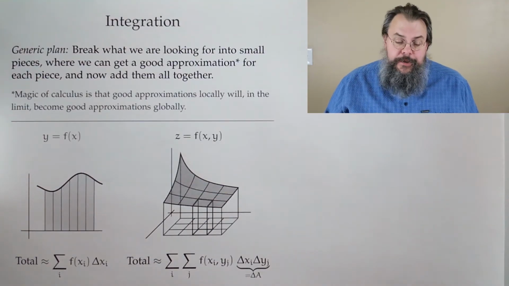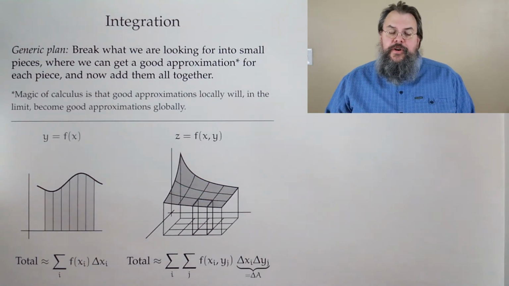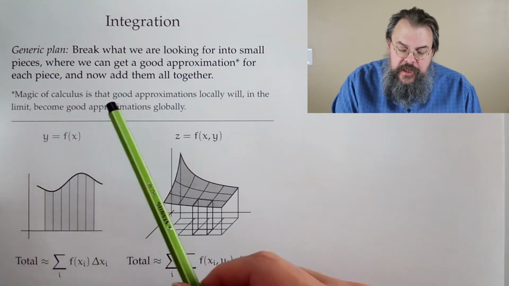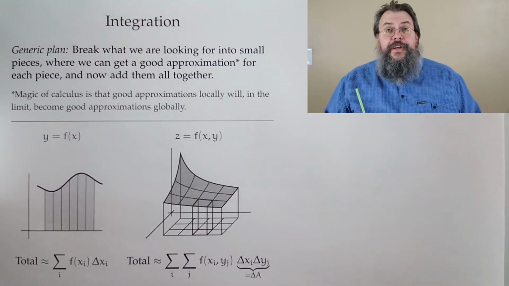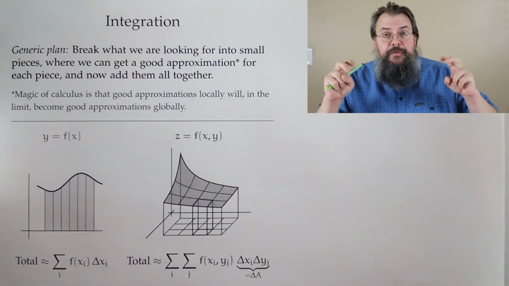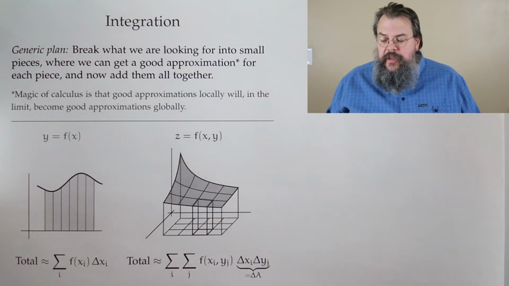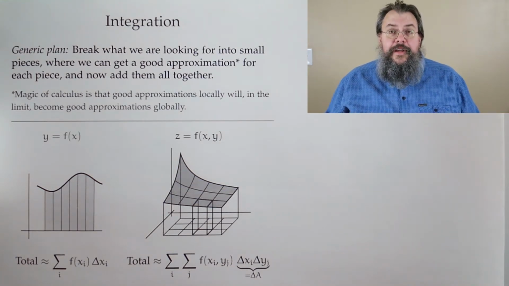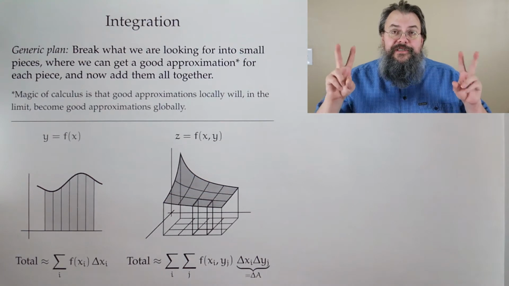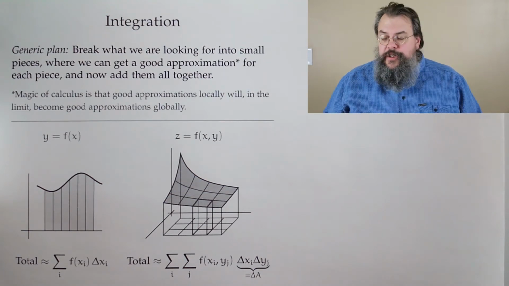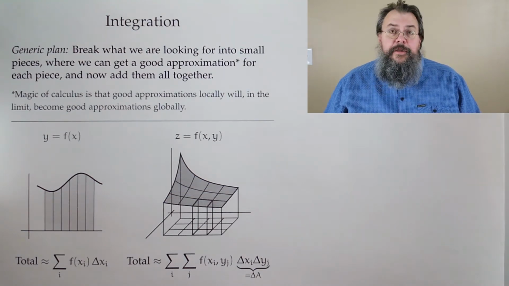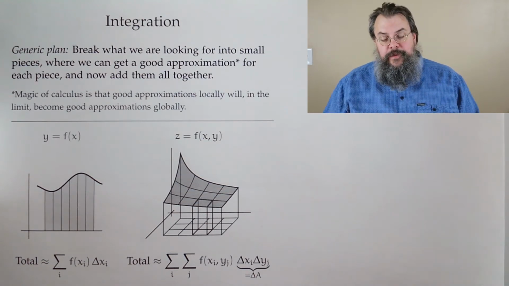So, what's our plan? When we're looking for a total, break things into small parts, get a good approximation for each part, and of course, what does that mean? Well, when you break things into small parts, each part is behaving like something which is flat. And the way we should interpret flat is something where it's easy to get a very good estimate for.